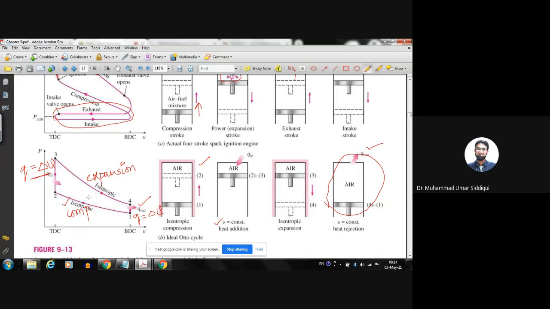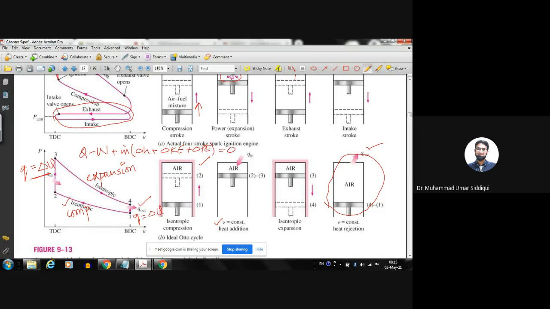So if you remember there, we had the formula Q minus W plus m dot, enthalpy, or I'll say delta H, plus delta kinetic energy, plus delta potential energy, equals 0.